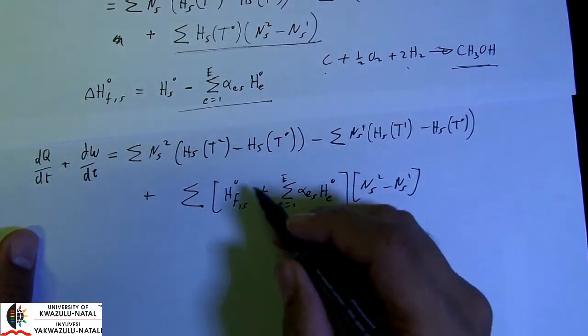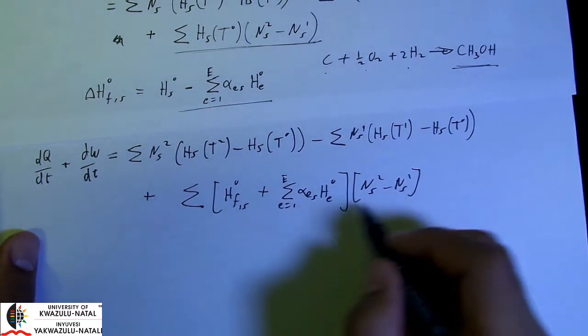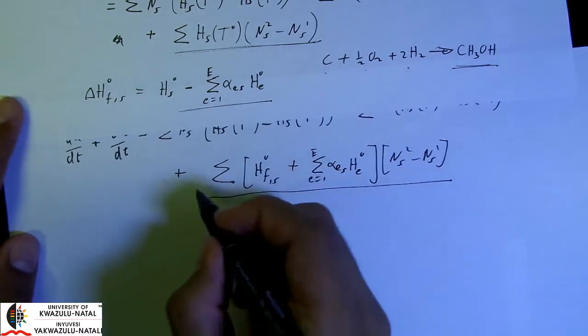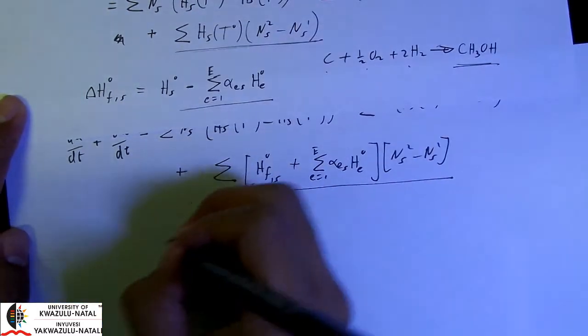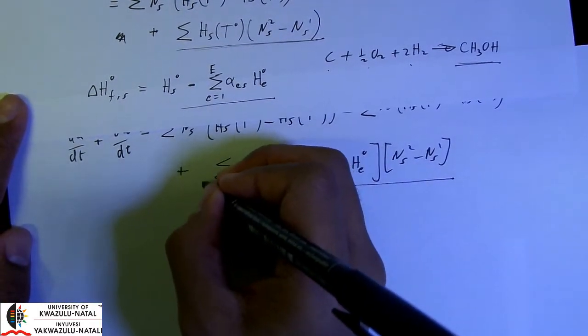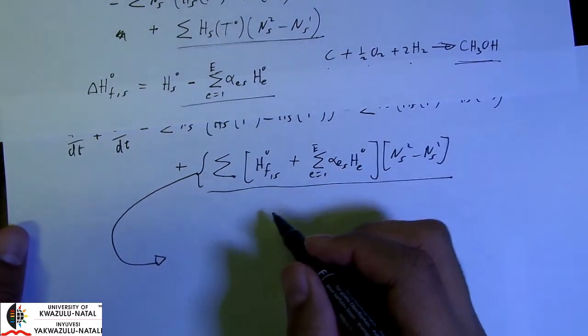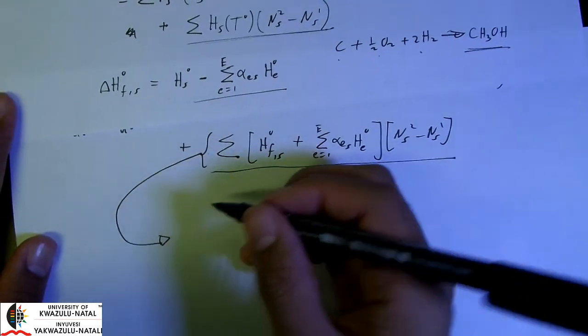Okay, now we can open this out. Once again, let's simply focus on this term here. I'm going to multiply it and open it out. So let's have at it.